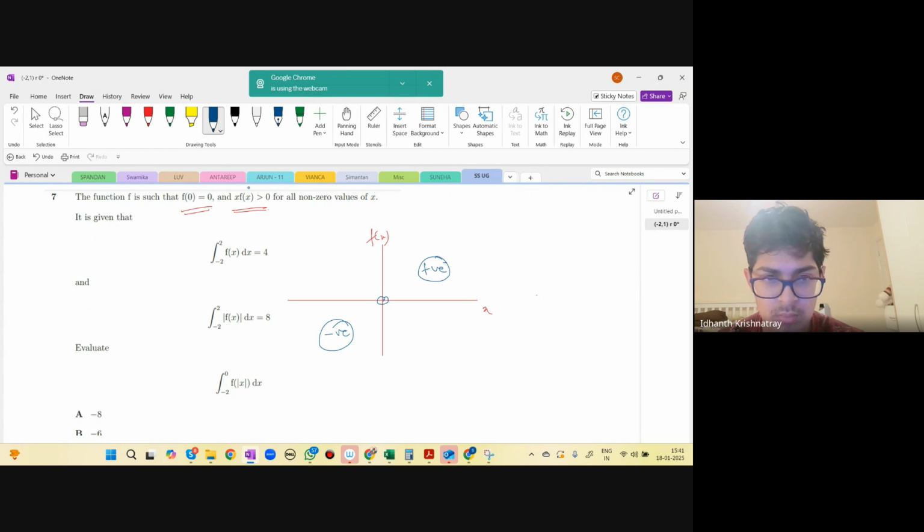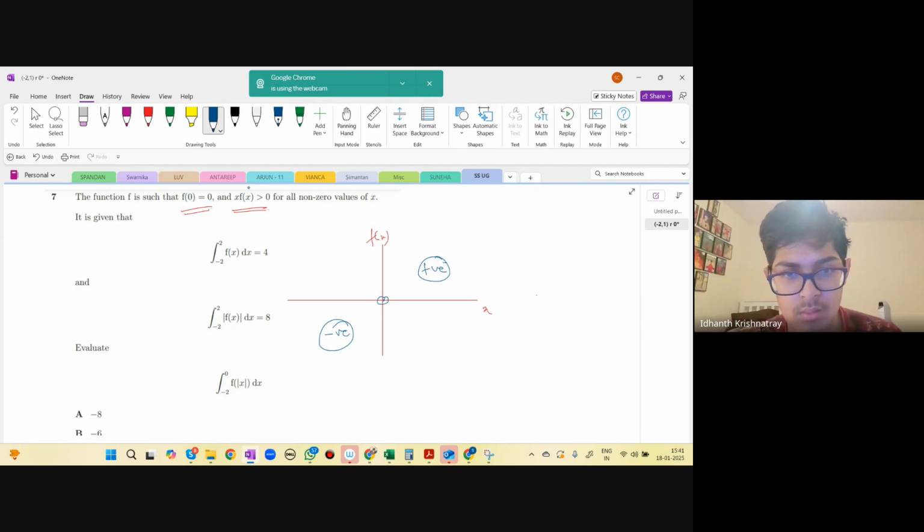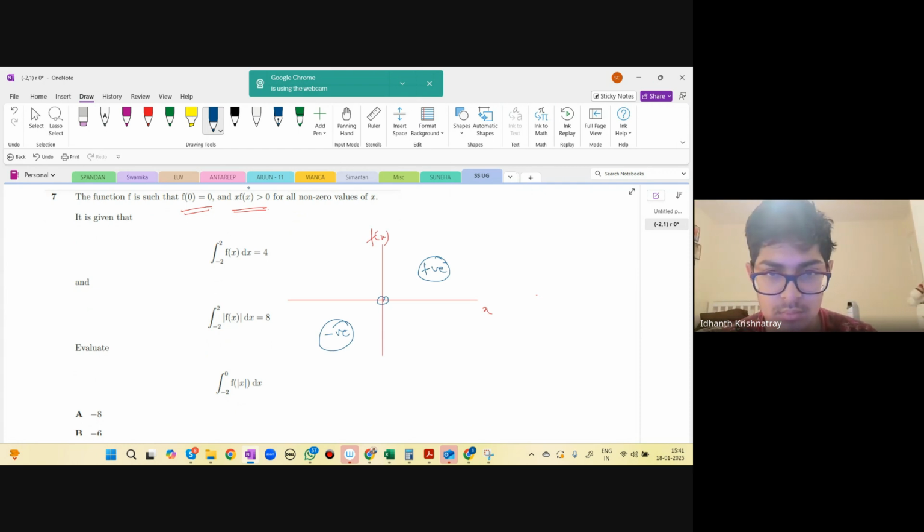Now we are looking for minus 2 to 0, which is negative. So I'm taking the mod of that, which means I'm going to the first quadrant.